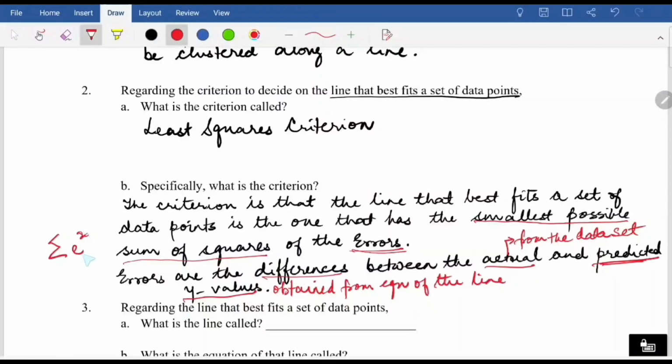If e represents the error, that is the distance of each individual y value from the predicted y value, actual y value minus the predicted y value, then you have to square all the e values and then at the end sum all the squared errors, and that's what the least squares value is. And whichever line has the smallest least squares will be considered the line of best fit.